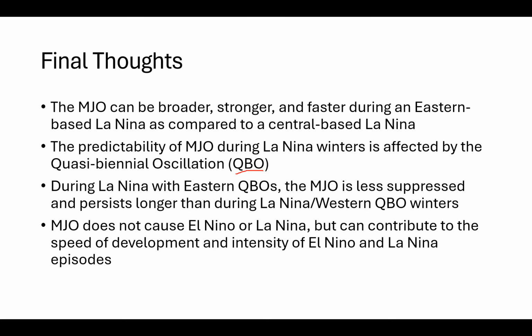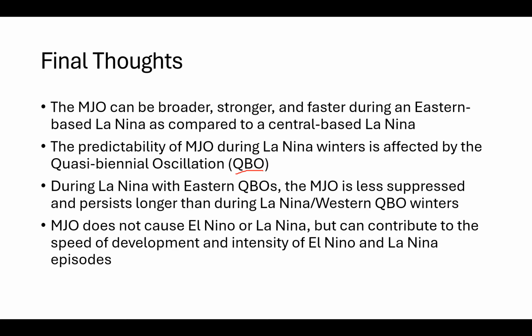When we have a westerly QBO, the winds are primarily from the west in the stratosphere above the equator. And when we have an easterly QBO, the stratospheric winds are from the east in the winter season, above the equatorial area. All right? And so there's changes to the QBO between westerly and easterly phases.